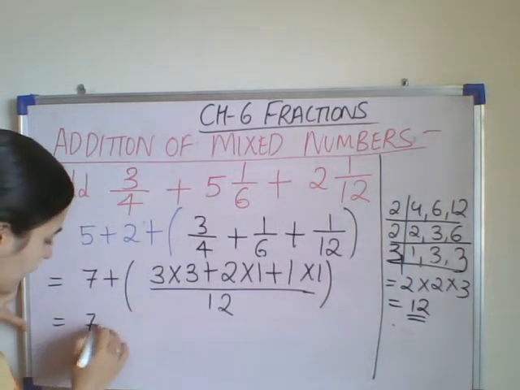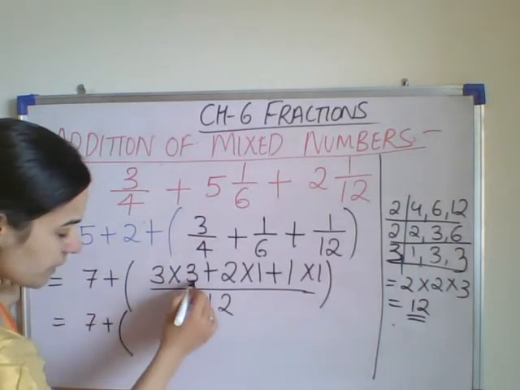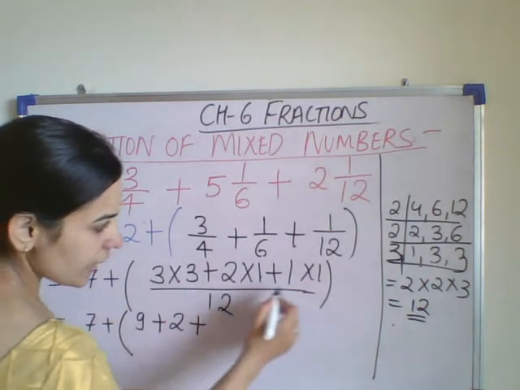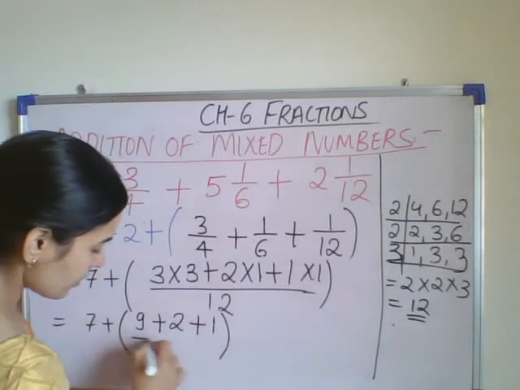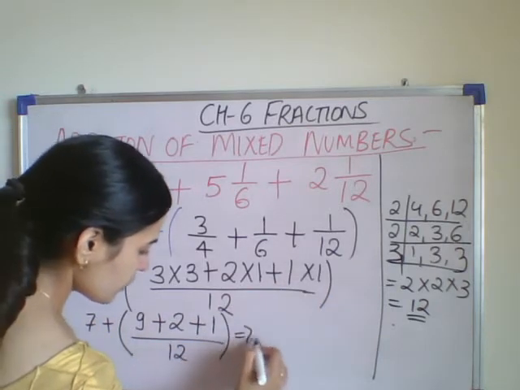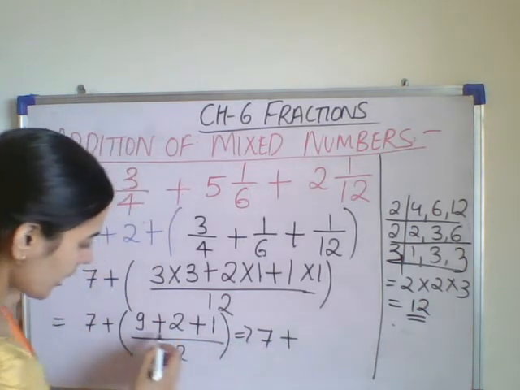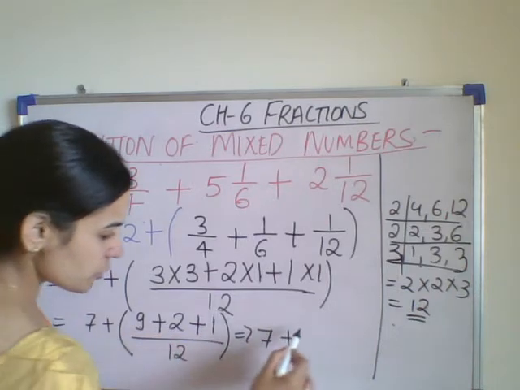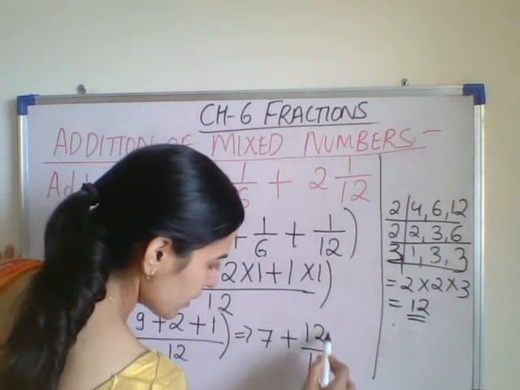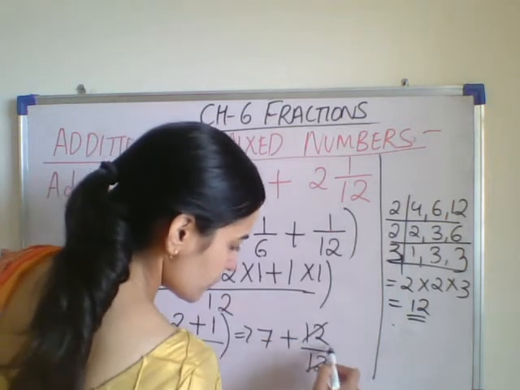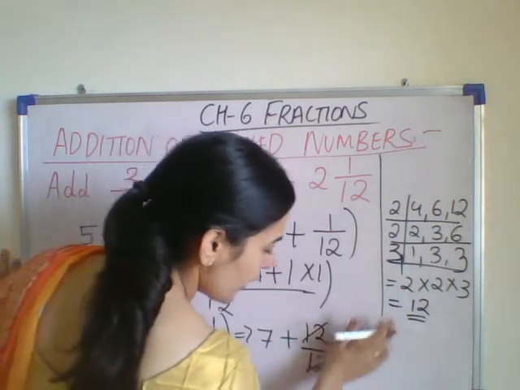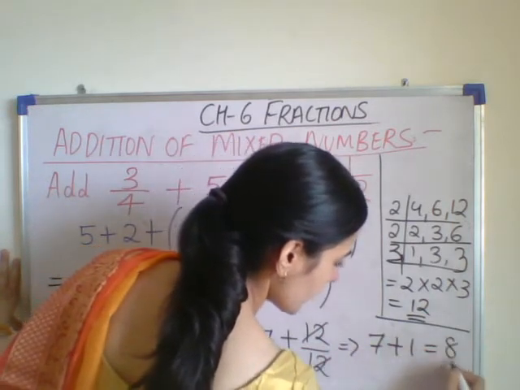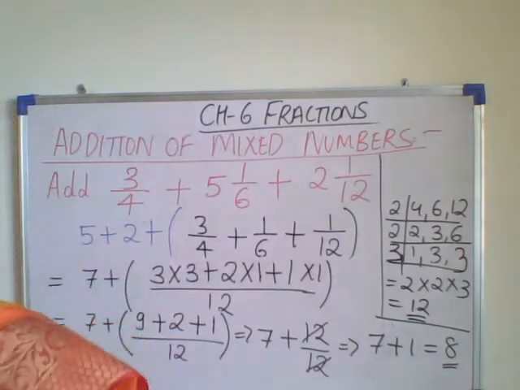Now let us solve this. 7 plus 3 multiplied by 3 is 9, plus 2 multiplied by 1 is 2, plus 1 multiplied by 1 is 1, upon 12. So 7 plus, what do you get? 9 plus 2 is 11, 11 plus 1 is 12, 12 upon 12. So it gets cancelled. So I will write here 7 plus 1 equals 8. 8 is our final answer.